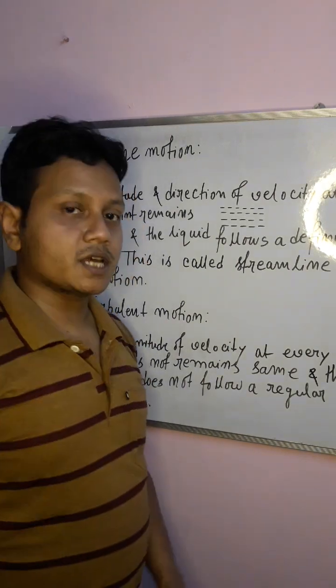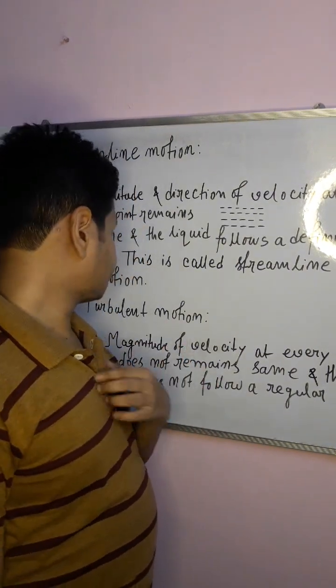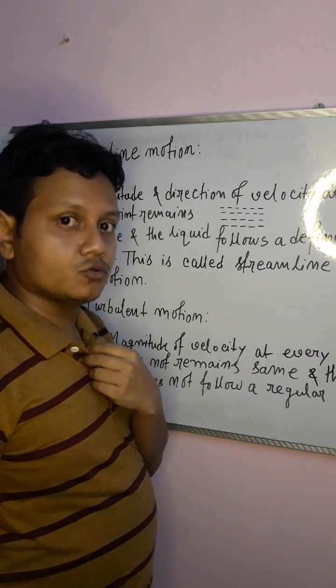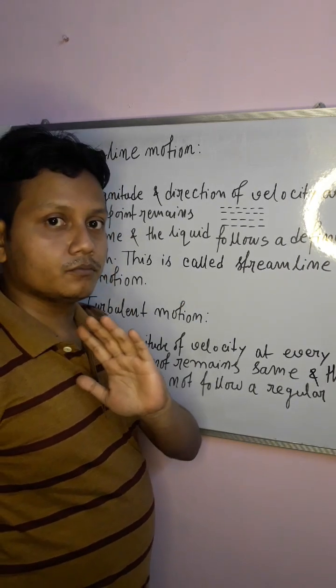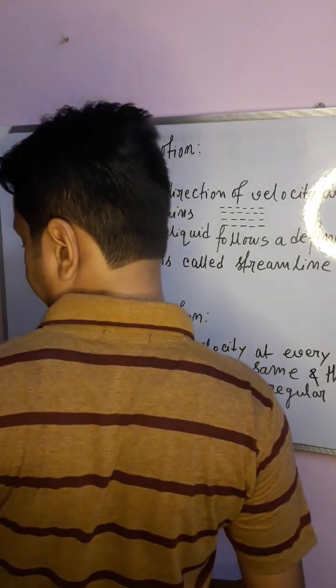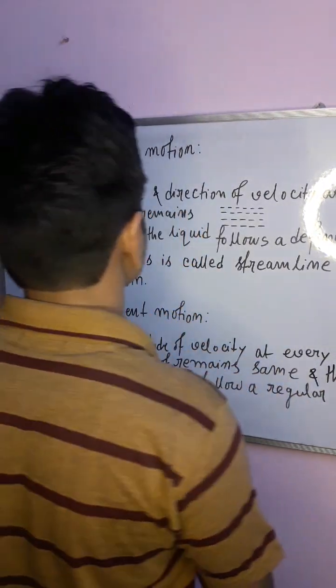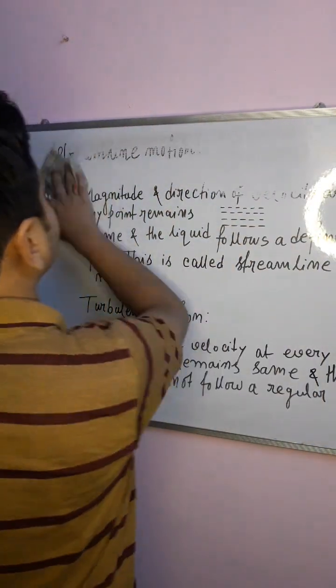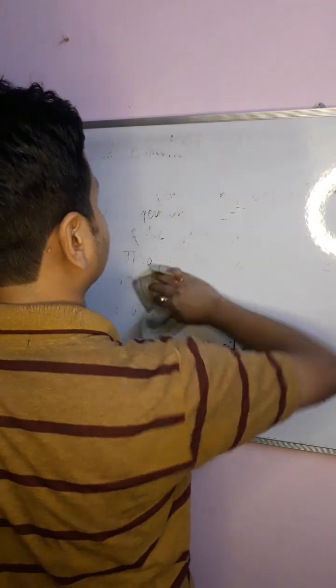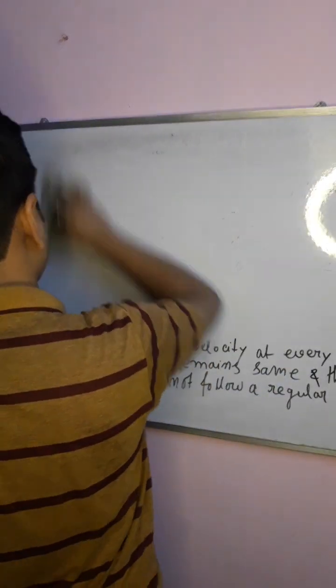So this type of motion is known as the turbulent motion. So there are two types of motion of a liquid: streamline motion and turbulent motion.